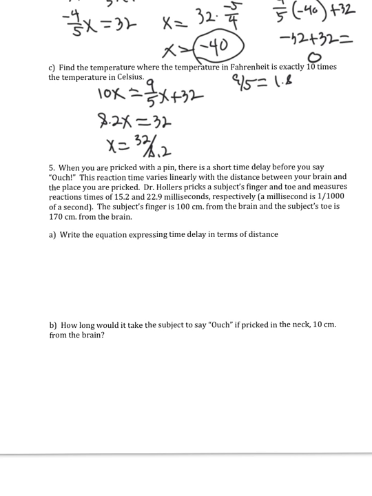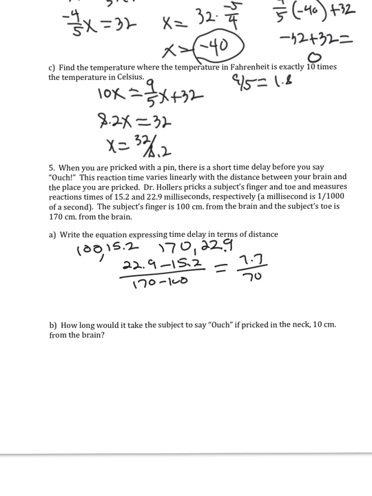So we're saying that the distances, 100 and 170, are the independent or x coordinates, and the reaction times, 15.2 and 22.9, are the y variables. First we'll figure out our slope. We get 22.9 minus 15.2 over 170 minus 100, which is 7.7 over 70, which gives us 0.11.